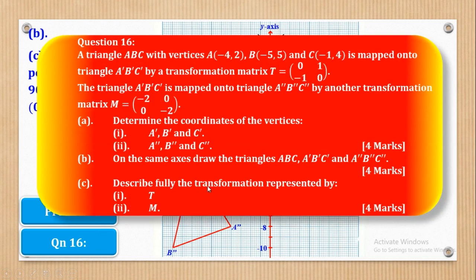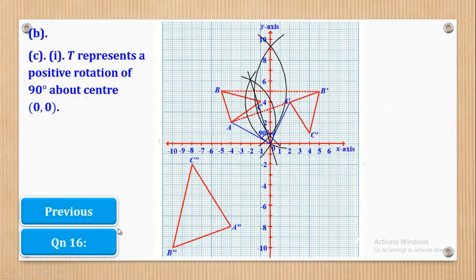Now let's go to Roman 2. Roman 2 says, describe fully the transformation represented by capital M. Capital M is the transformation from A prime, B prime, C prime to A double prime, B double prime, and C double prime. Still, you have to know that this is not a reflection. Therefore, for you to know whether it's a rotation or an enlargement, you have to draw two lines.